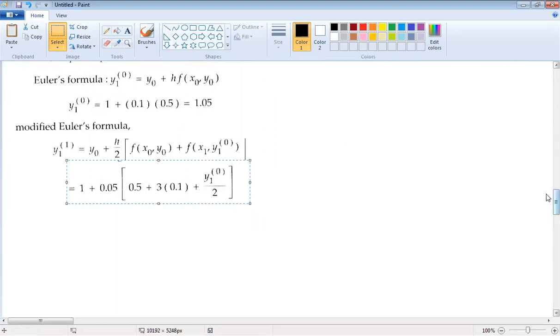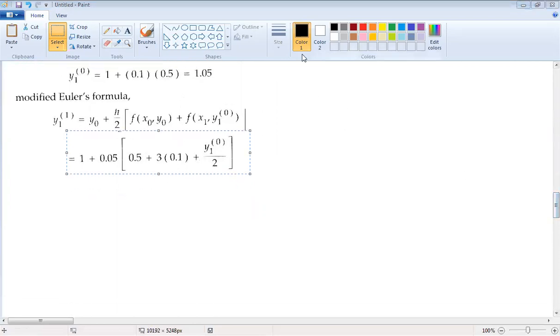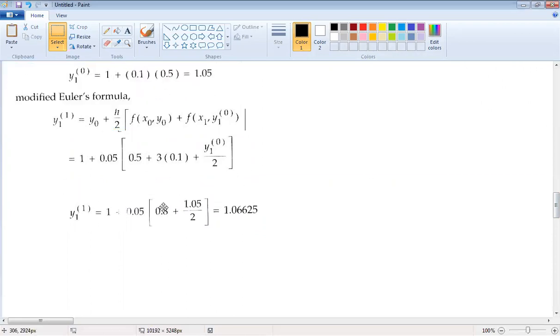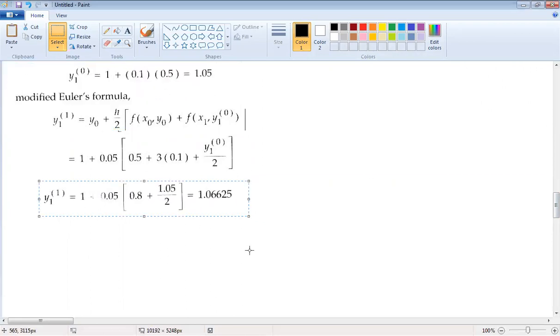y1(0), we can take it from the previous step. So we get y1(1) is equal to 1 plus 0.05 times (0.8 plus 1.05) by 2.